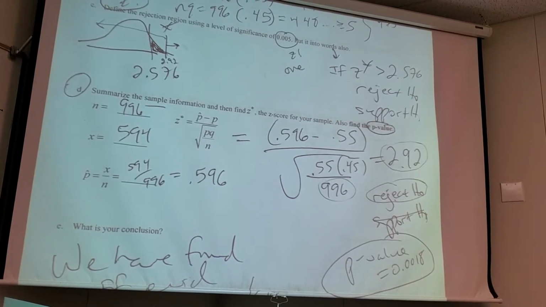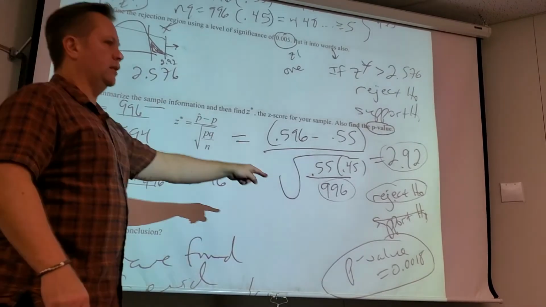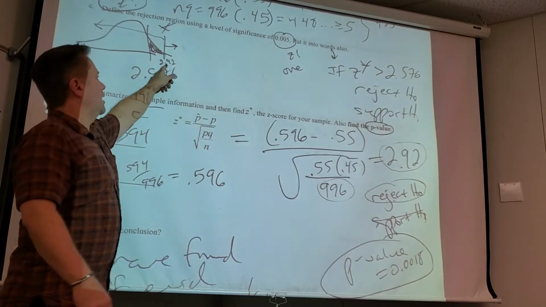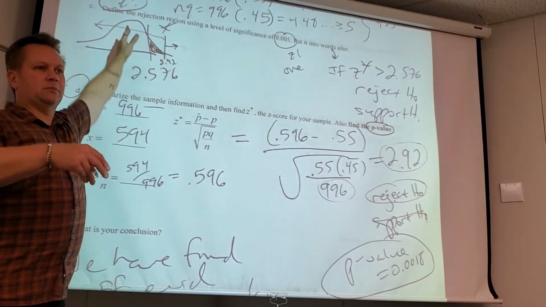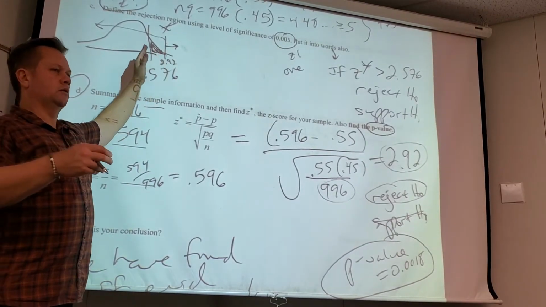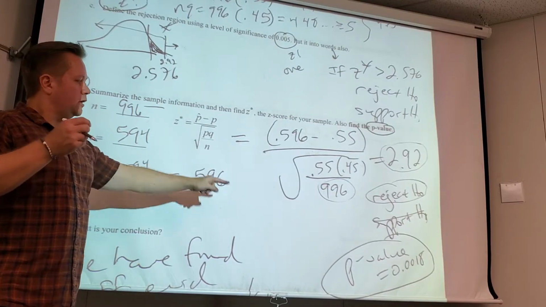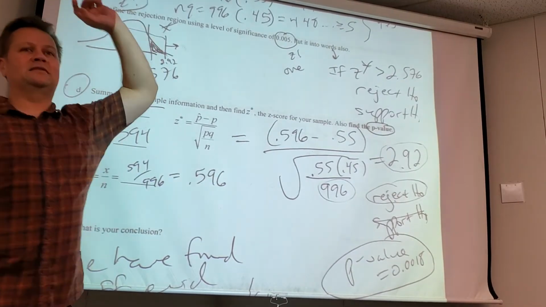Now, I think your question was, what's a p-value mean? The p-value is the probability that I would get a sample where I did if the population percentage was in the right place. Let me say that again. The p-value is the probability of the sample I found, given that the null hypothesis is true.